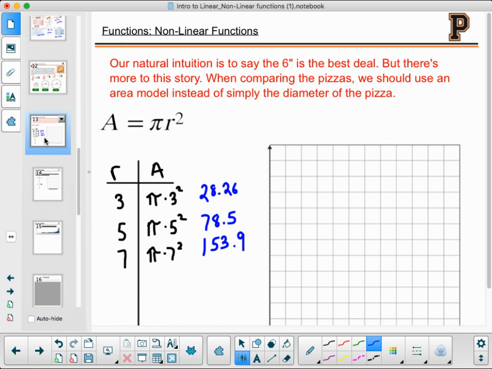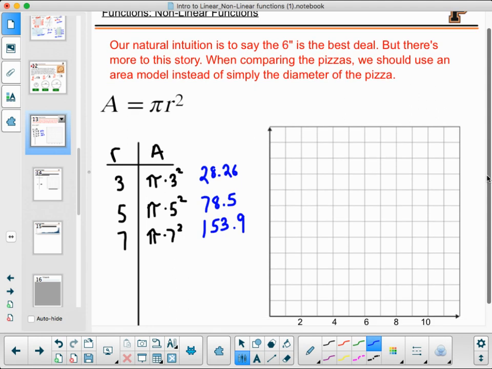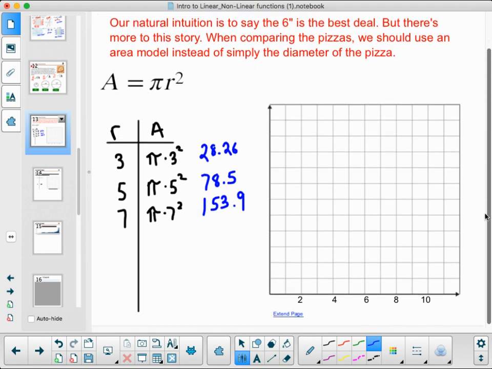Okay, so you guys can see that the numbers are increasing by an inconsistent amount, therefore this is a nonlinear function. Now let's chart this out to even better represent it. If we've got area over here, and we've got the radius down here, I'm going to show these different amounts. Let's go up by 25s: 50, 75, 100, 125, 150, 175, 200.